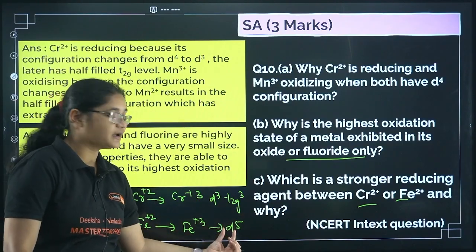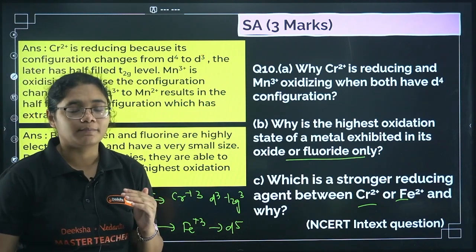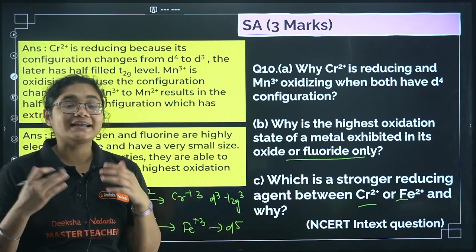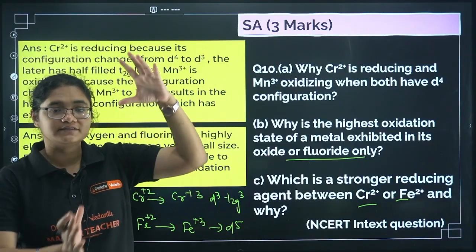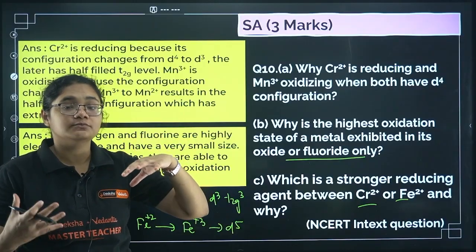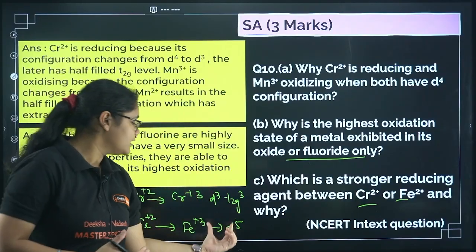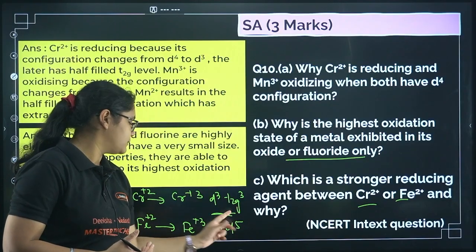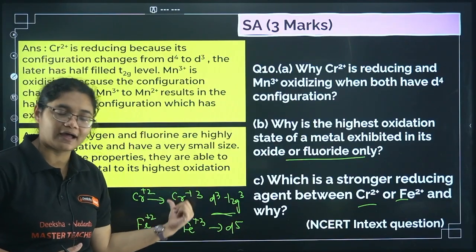You might be thinking that d5 because it is half filled, but now since you have already studied coordination compounds, you know that the energy level splits and the t2g level goes down. So the t2g level is lesser in energy and more stable than d5. Because this is more stable, this oxidation will happen faster.